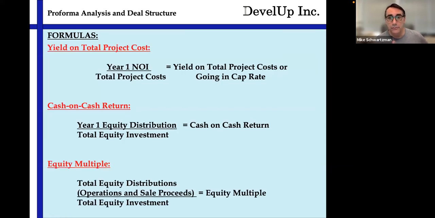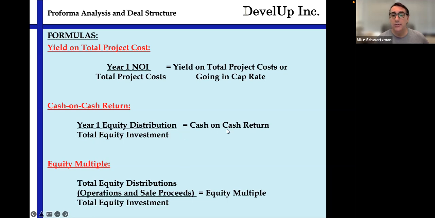Now, going back to our formulas that we talked about in section 1. Year 1 NOI divided by total project cost equals your yield on total project cost, or your going-in cap rate on a development deal. Your cash on cash return is your year 1 equity distribution divided by your total equity investment.